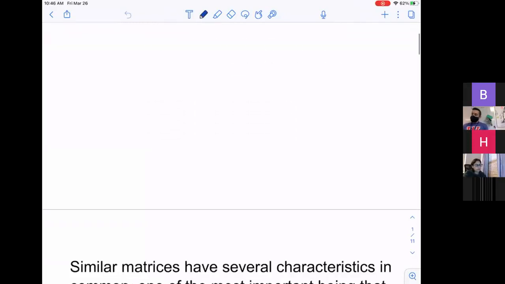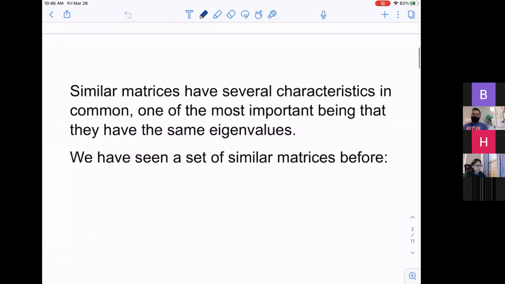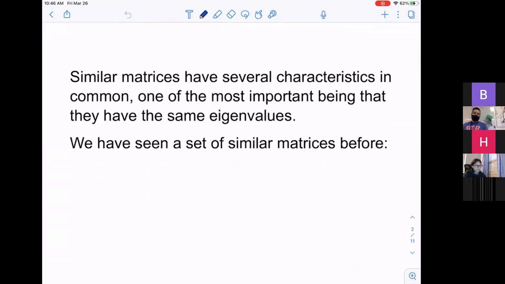So first thing is similar matrices have the same eigenvalues. And we've actually seen a set of similar matrices very recently. In the last few lessons, A and our matrix capital lambda are similar, from A equals S lambda S inverse.